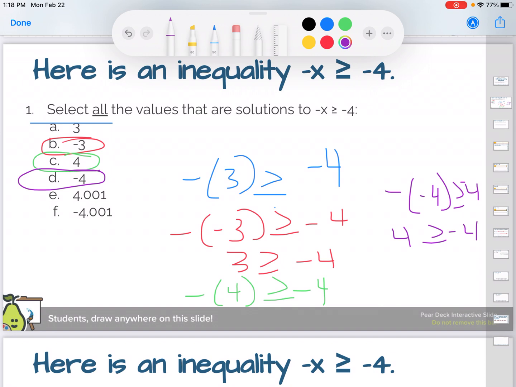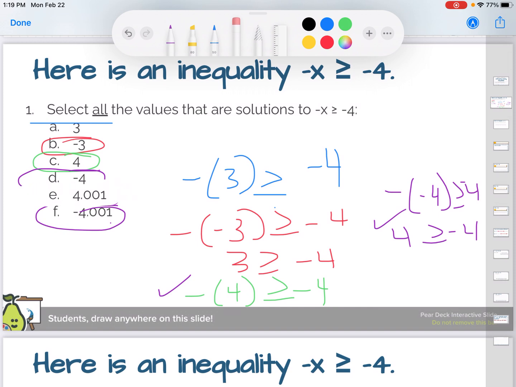Okay, and then 4.001, that's going to work, and the reason I know that is because both of these worked, and these are larger than 4, because that thousandth makes it larger. Well, hang on, nope.